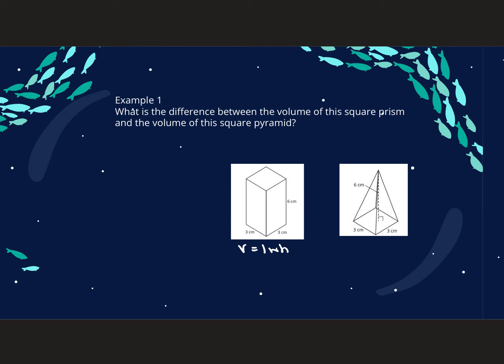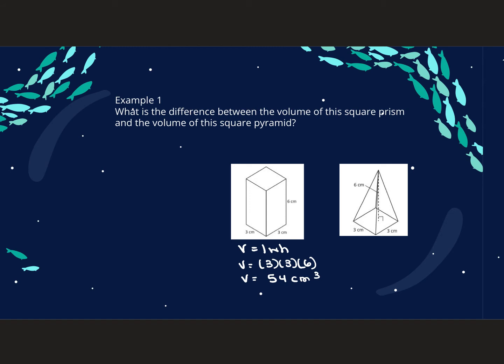So we have 3 times 3 times 6, which gives us 54 centimeters cubed.